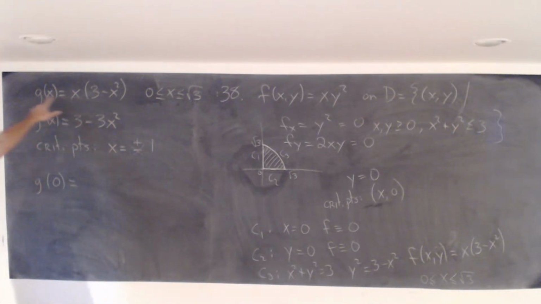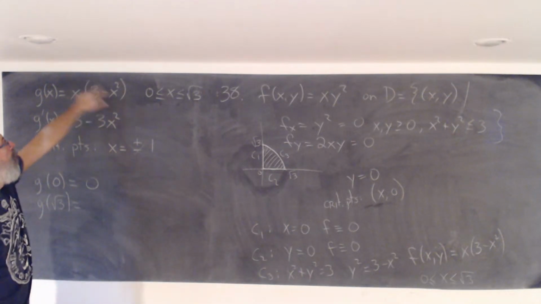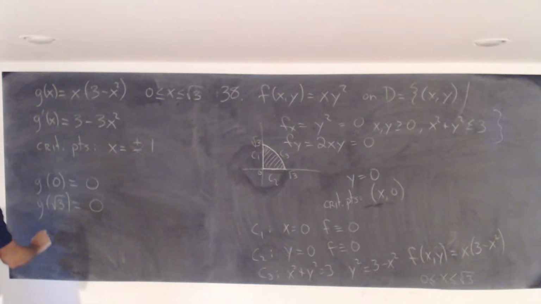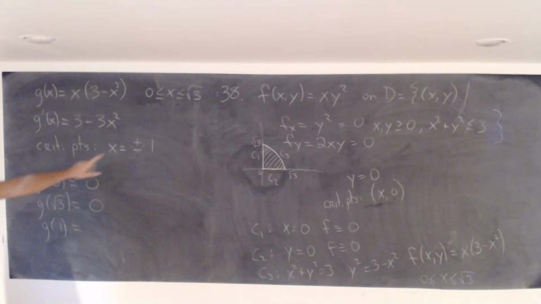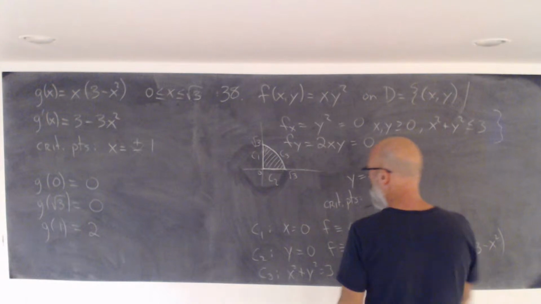When x is 0, the whole thing is 0. When x is root 3, the whole thing is 0. And g of 1 is 2. So there it is.